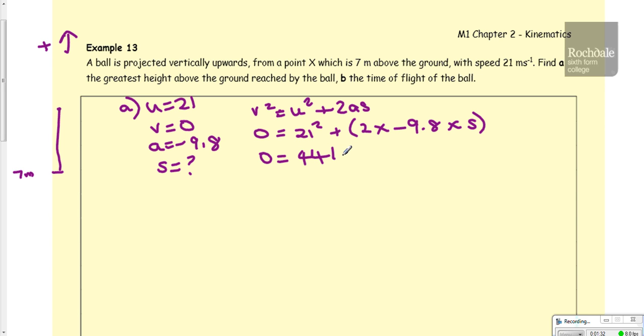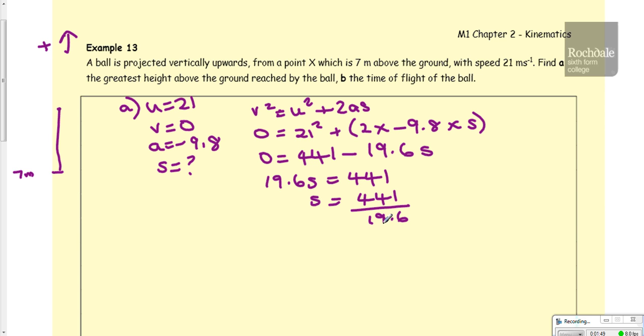So we've got 441 minus 19.6s. That's just a linear equation. If I bring the 19.6s over to the left-hand side, that will become positive. And then just dividing through 441 divided by 19.6, that works out to be 22.5.